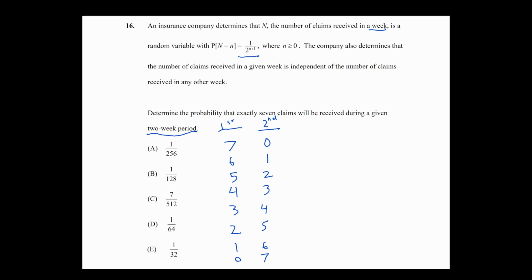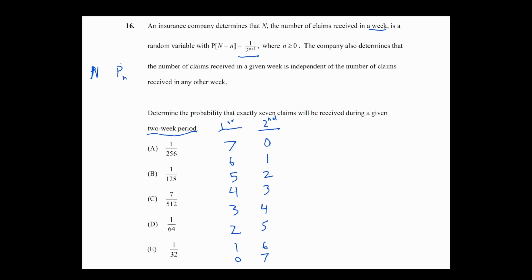So what's the probability of having 0 claims in 1 week? The probability of having 1 claim in 1 week, and so on and so forth. So I'm going to make a different table here. Actually, I'm going to make this N, and I'm going to make this P of N. N is the number of claims.